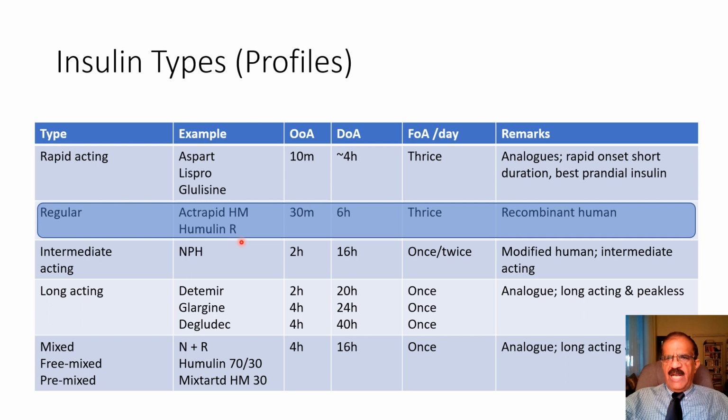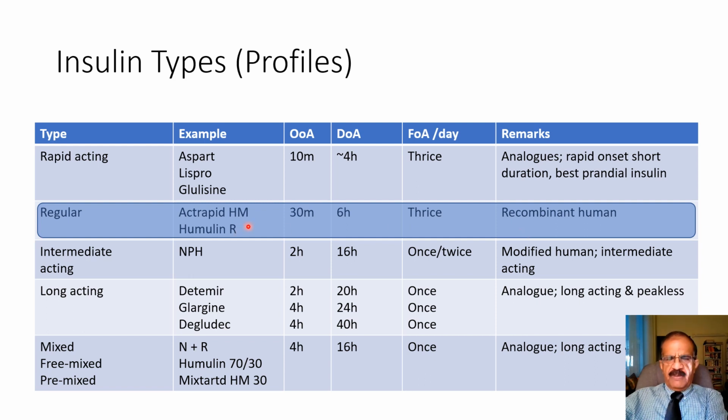I'm using the trade names because you will have better comprehension. It's not to promote any company or any particular brand, but just to help you understand these better. For Actrapid and Humulin, the onset of action is 30 minutes, duration of action is 6 hours, and frequency of administration is thrice a day. And they are recombinant human insulins.